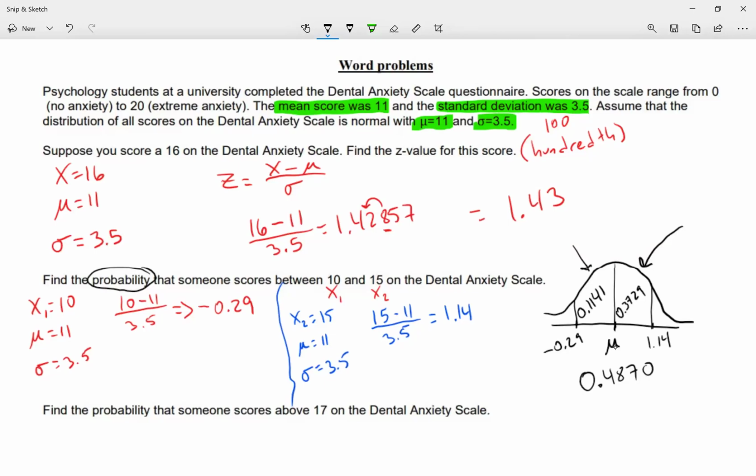That's it. Cool. When I say probability, I expect a decimal number between 0 and 1. So 0.4870 sounds about right. Usually for this type of probability in the normal distribution, we go to 4 decimal places. So that sounds about right.